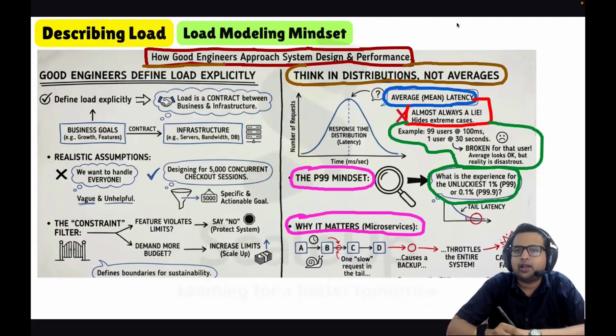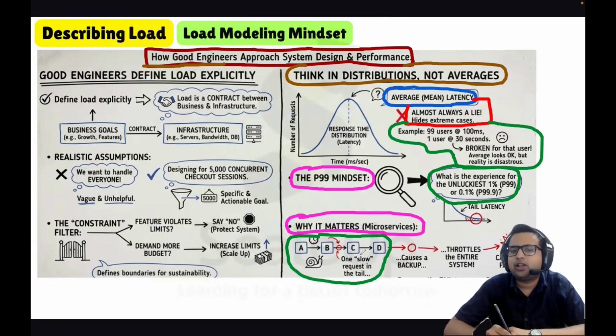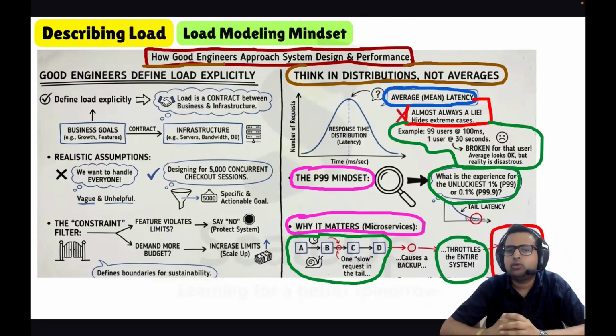Suppose we have a microservices architecture with a series of events, A, B, C, D. Let us suppose the response of B is taking a lot of time. Because of that, the entire system will suffer. One slow request can throttle the entire system, and this is the cascading failure. That's why it's very important to have the P99 mindset.